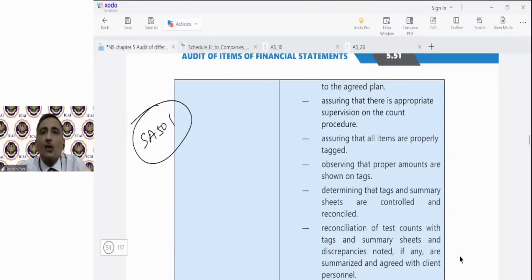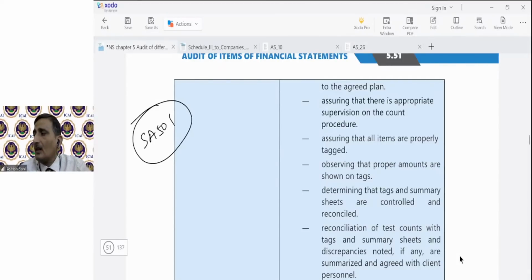And the auditor's role is to see that this process is being carried out in accordance with the management's program, and he would perform certain test counts, and he would see existence and condition of inventories.